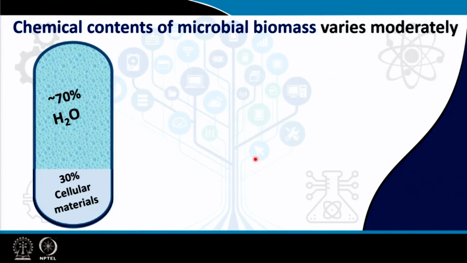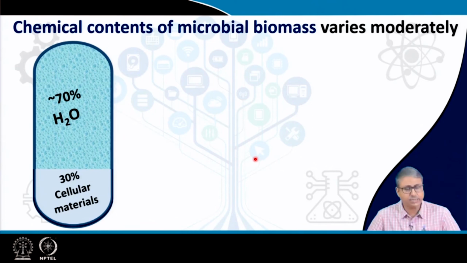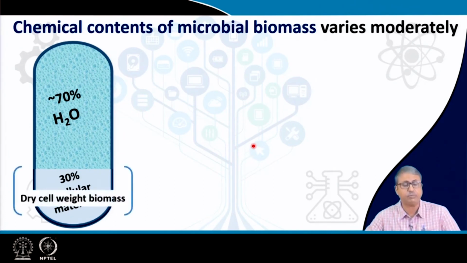The chemical contents of microbial biomass vary moderately, and what we see is that within a microbial cell around 70% is water, leaving 30% of the cellular material representing the dry weight of the biomass.